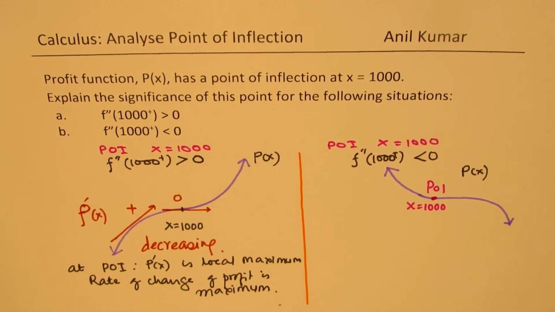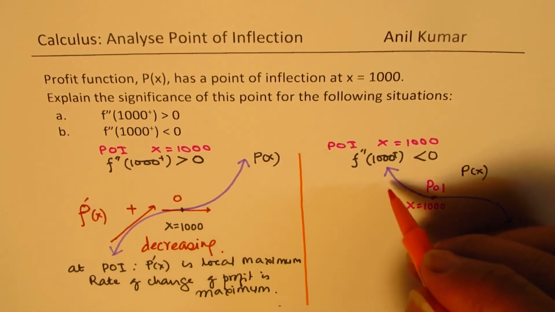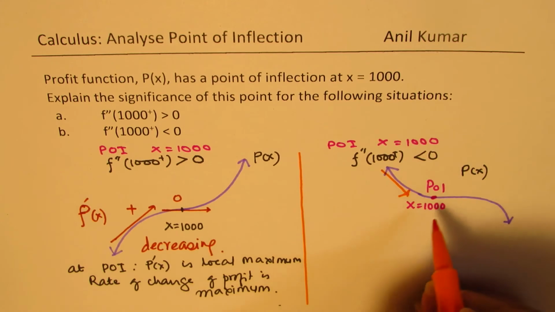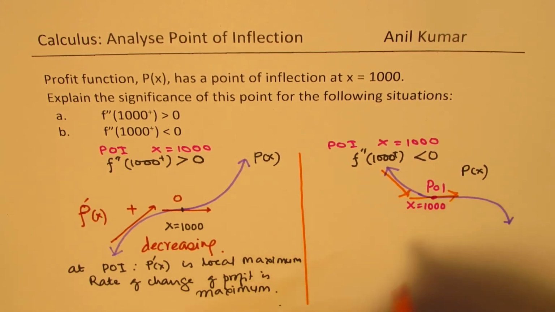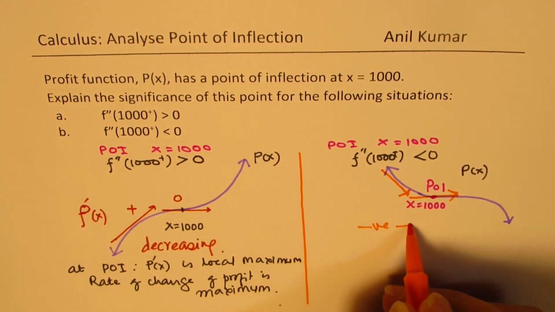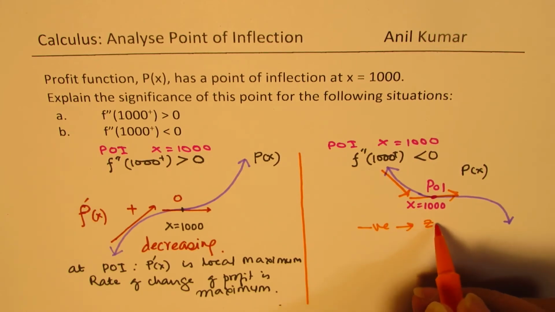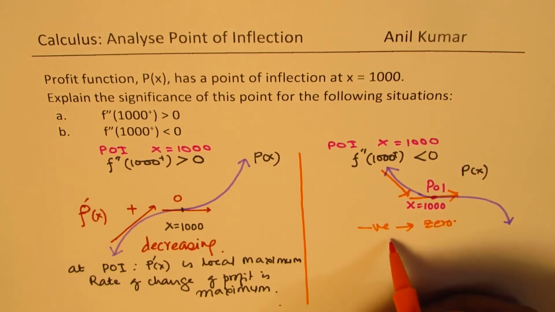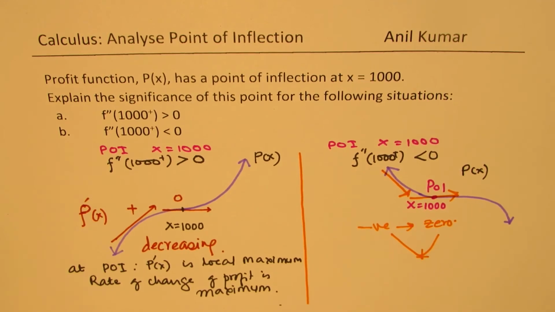On the other hand, the derivative is negative, right? So it is negative, but from negative it goes to 0, right? So it goes from negative to 0. So you're hitting like this. Do you understand?